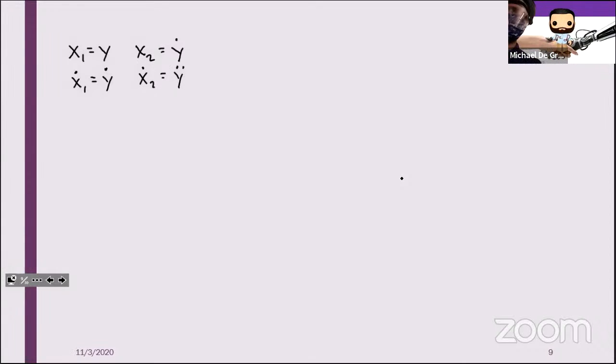Remember what we're trying to do with state space. I'm trying to create n first order differential equations for my state variables that are equal to some function of my state variables and my inputs.